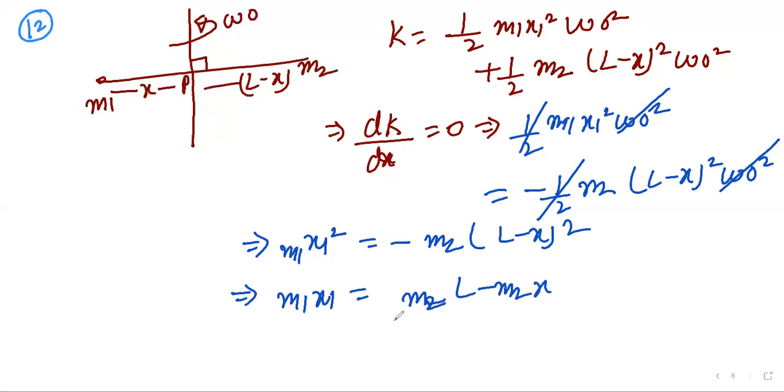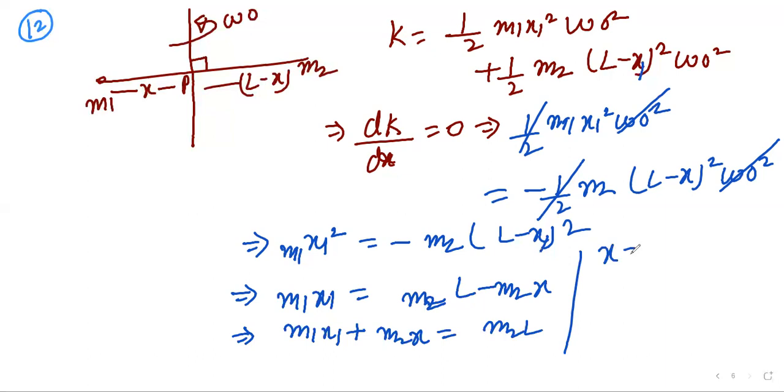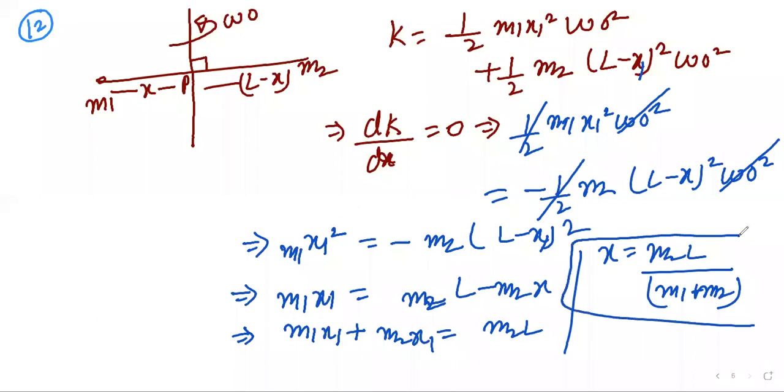So you have to find the x value. This is x1, this is also x, then this part. So it will be M1 x plus M2 x is equal to M2 L. So x will be M2 L divided by M1 plus M2. So this is the x value we are getting.